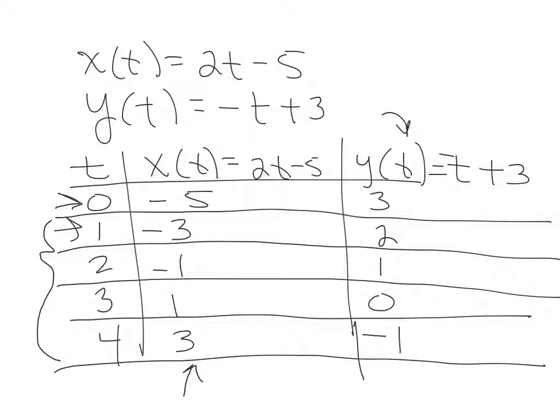And let's put that on another slide so you can see it. So if I were to graph my first one at the point -5, 3. Remember, that was my starting point. So that was at 0 seconds. At 1 second, it's at the point -3, 2. At 2 seconds, it's at the point -1, 1.